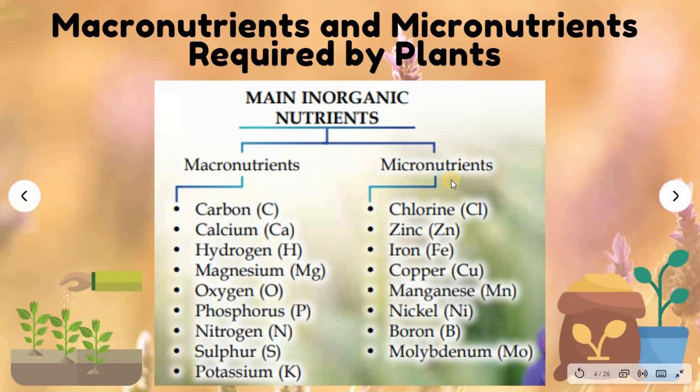Micronutrient examples are chlorine, zinc, iron, copper, manganese, nickel, boron, and molybdenum. Make sure you can remember or memorize the examples of the macronutrients and micronutrients.